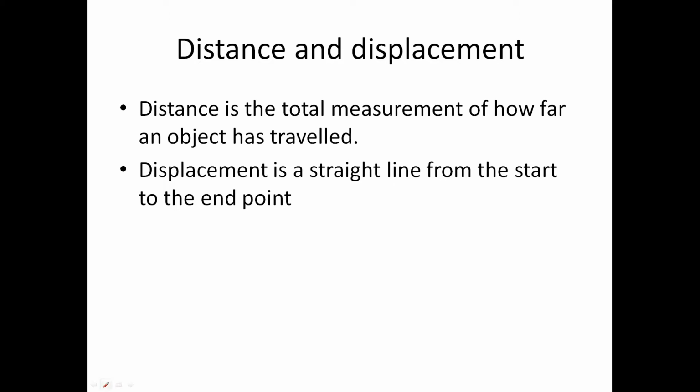For example, let's say that a hiker was walking across a trail that looped around a hill. Okay? So this is point A. This is point B. So I'm going to change colors.